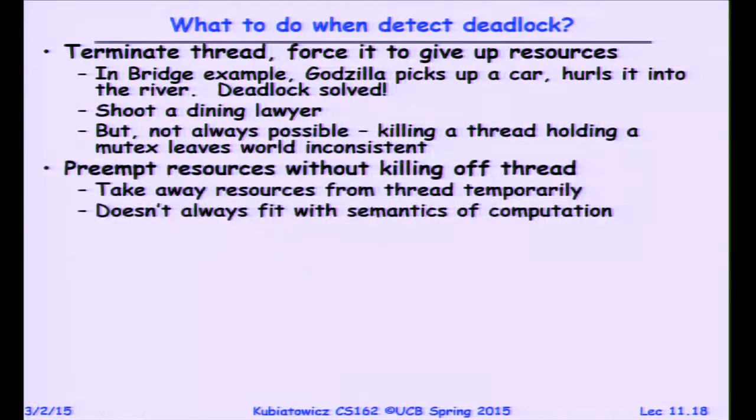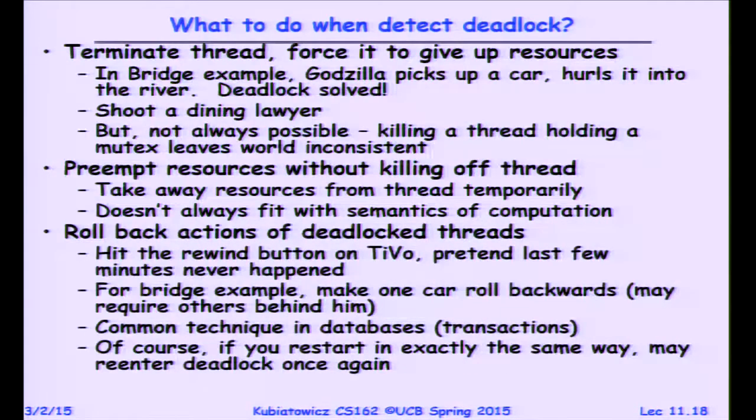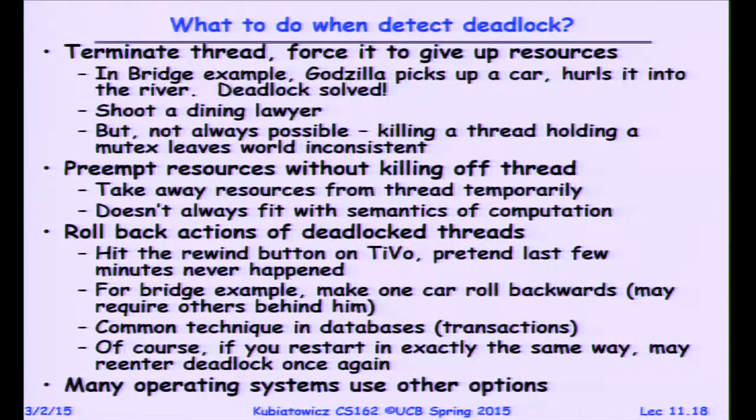Okay, so you could preempt the resource without killing off the thread, just take it away, but that often doesn't fit the semantics. And then we talked about rolling back from a database standpoint. So these are all options. All right. So many operating systems offer lots of options for what to do with deadlock, including, I suppose, putting up a little pirate face. Oh, you're in deadlock. Reboot, or something.